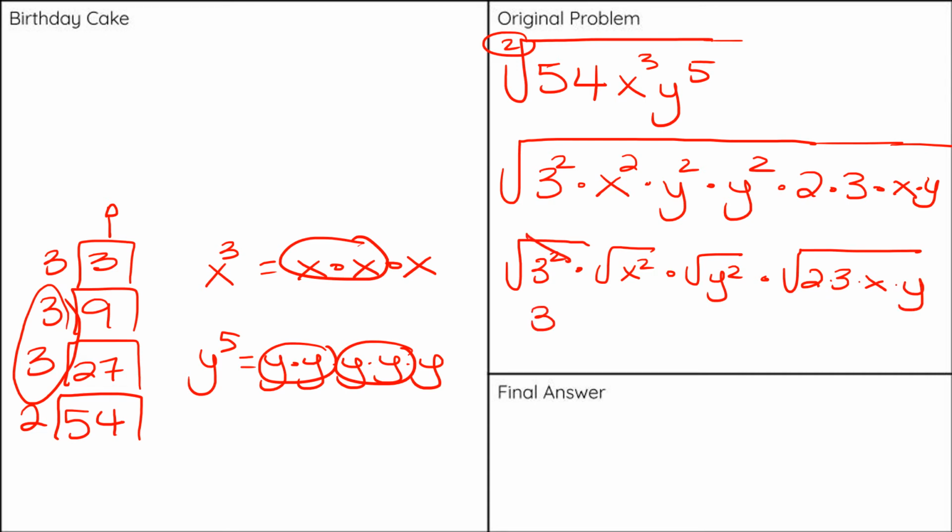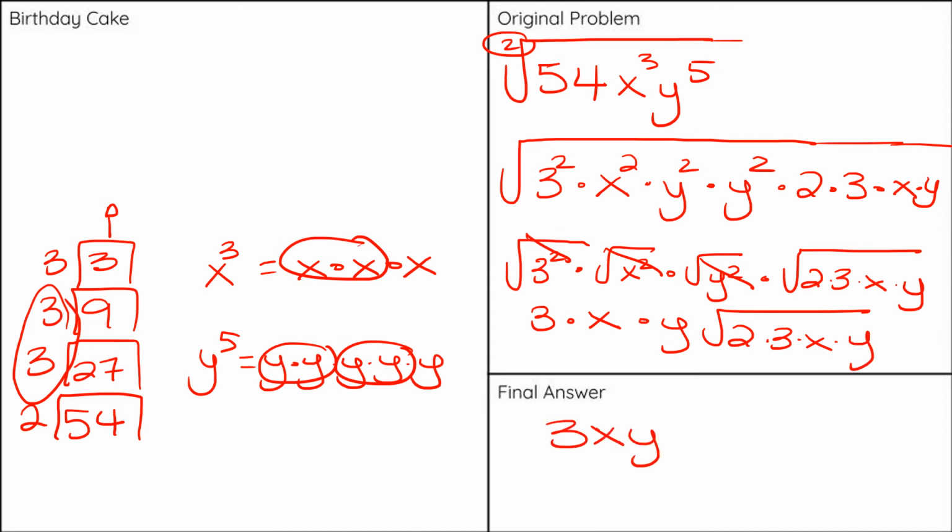These cancel, these cancel, these cancel. And when we simplify, we get 3xy square root 6xy.